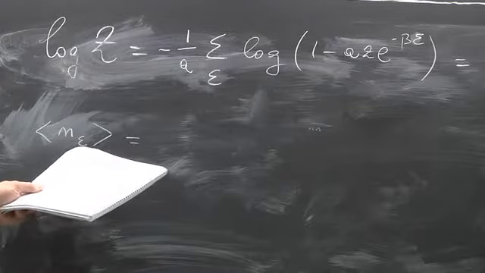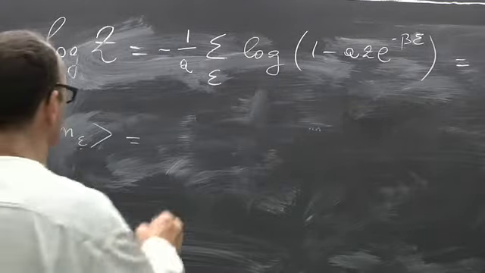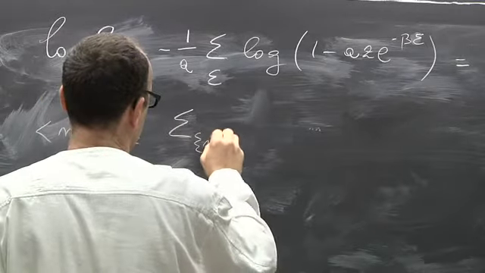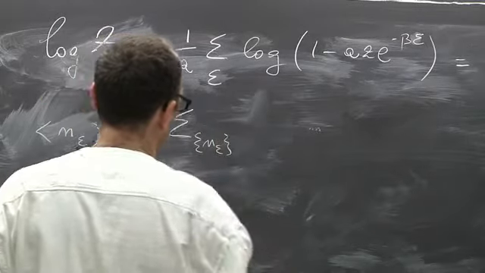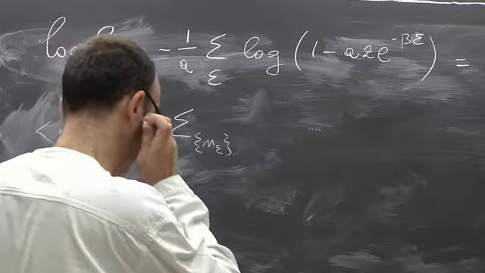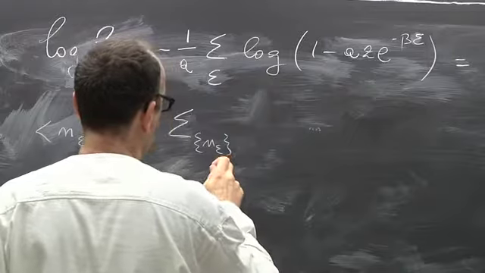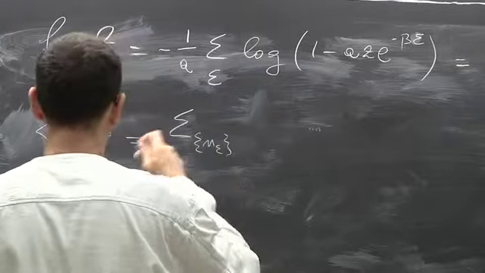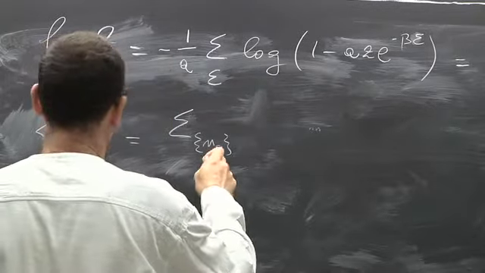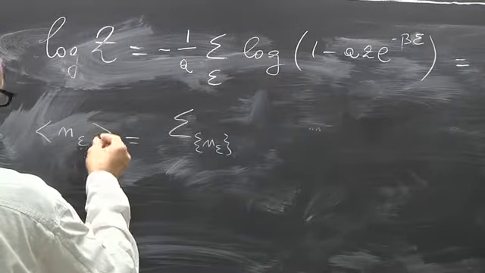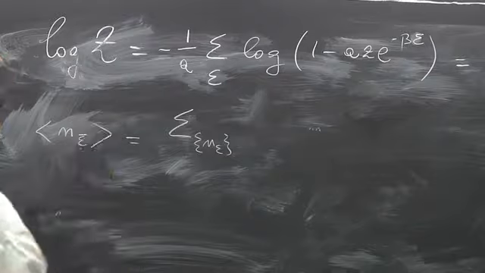And the way to compute this is essentially to sum, in the grand canonical ensemble, over all the possible states. So let me call this n of a particular state epsilon bar.